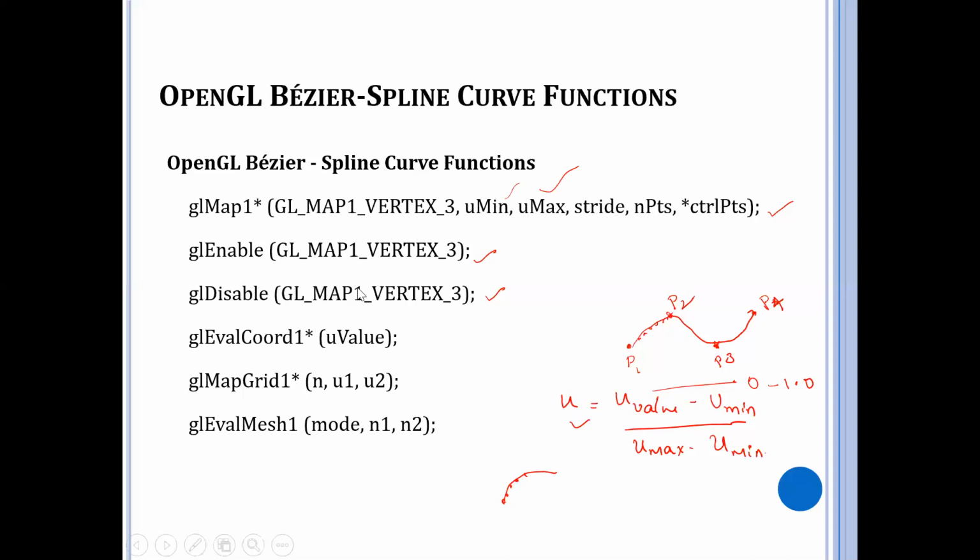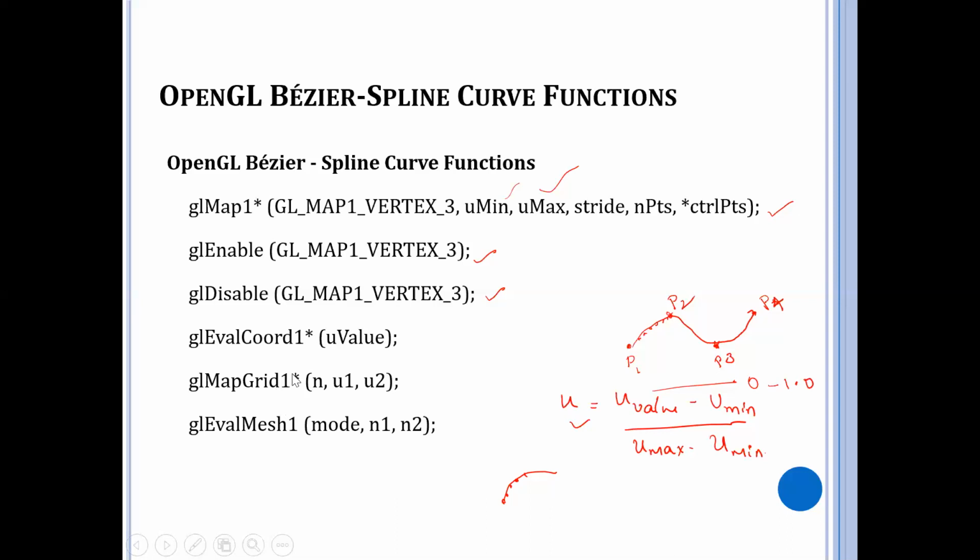In order to do so, we have two functions here. One is glMapGrid and the other one is glEvalMesh, wherein the suffix code for glMapGrid is either F or D.